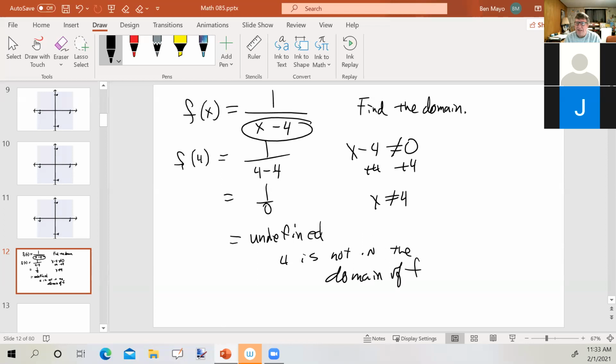Now, we're going to use interval notation to write that. To write that using interval notation, it looks like this: everything from negative infinity up to but not including 4, in union with everything after 4 going up to positive infinity.